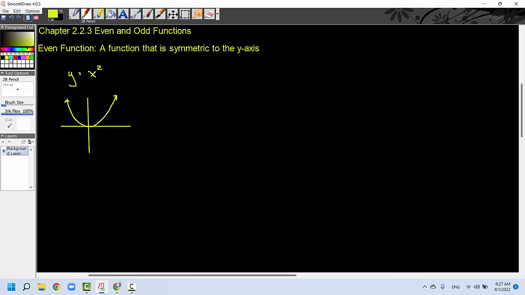Now, before I move on to the next couple of examples, let's take a look at what an even function would not be. An even function would not be this, like y equals x minus 1 squared. That would not be an even function. And the reason why is because even though it's the same parabola, if we remember from transformations, it's being shifted to the right by 1.